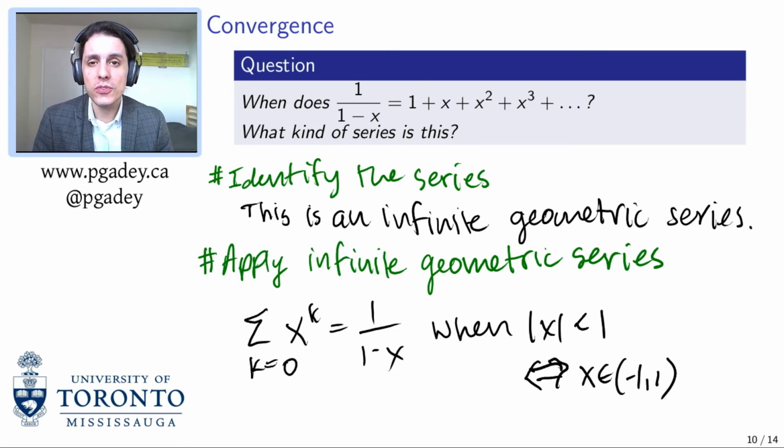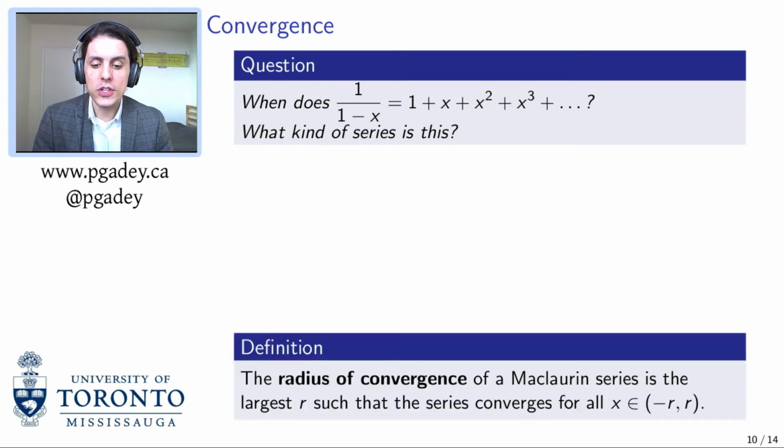So this is such a special region that we're going to give it a name. This is called the radius of convergence of a Maclaurin series.